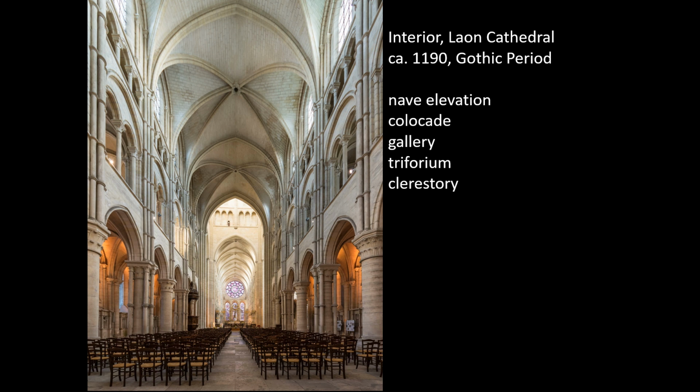Now, I have seen some people include within the nave elevation the vault. I don't think it should be, because that's a ceiling, it's not the wall. But let's talk about it. What vault do you see here? A little test for you. Well, we see that it's not smooth, so it can't be the barrel vault.